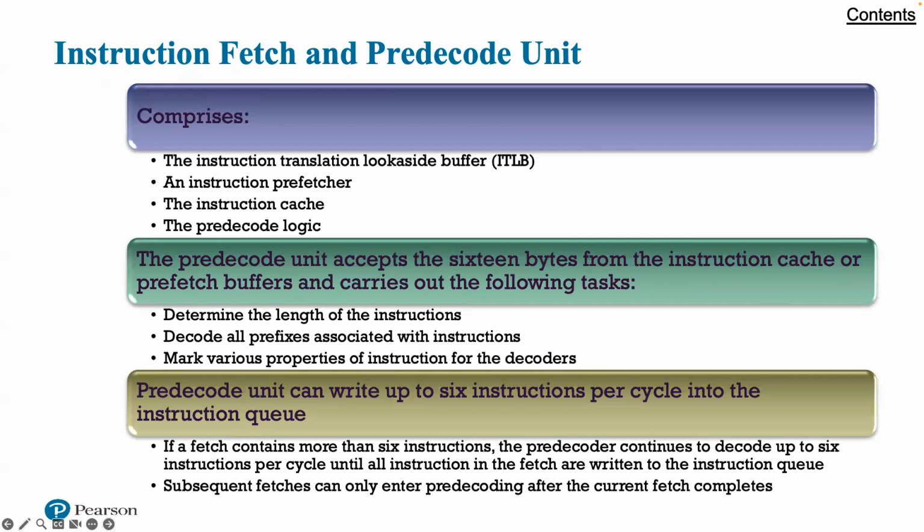The instruction fetch unit comprises the instruction translation look-aside buffer, ITLB, the instruction prefetcher, the instruction cache, and the predecoder logic. Instruction fetch is performed from an L1 instruction cache when an L1 cache miss occurs. The in-order front end feeds new instructions into the L1 cache from the L2 cache 64 bytes at a time.